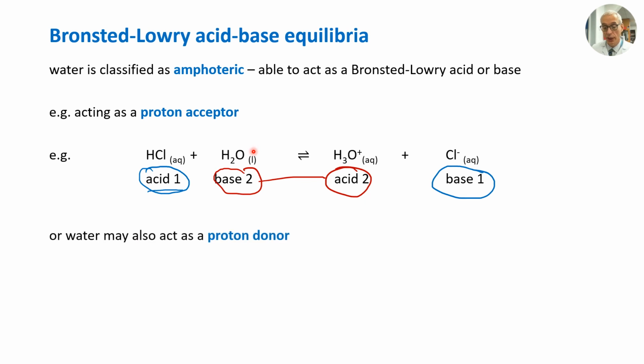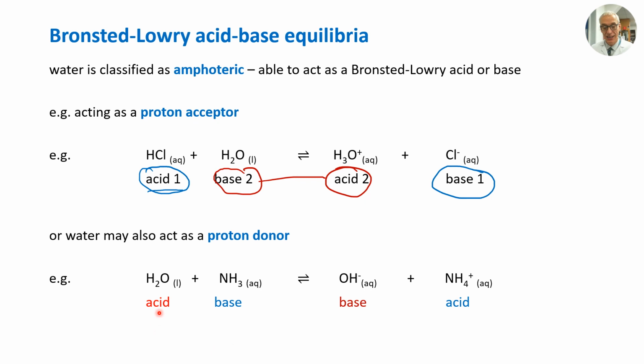Now, water can also act as a proton donor if it is paired with, for example, ammonia. So here we can see that water, H2O, is donating a proton to ammonia to form the ammonium ion and leave behind the base hydroxide. So the acid water forms its conjugate base, and the base, OH-, the hydroxide ion, can accept a proton to reform water.